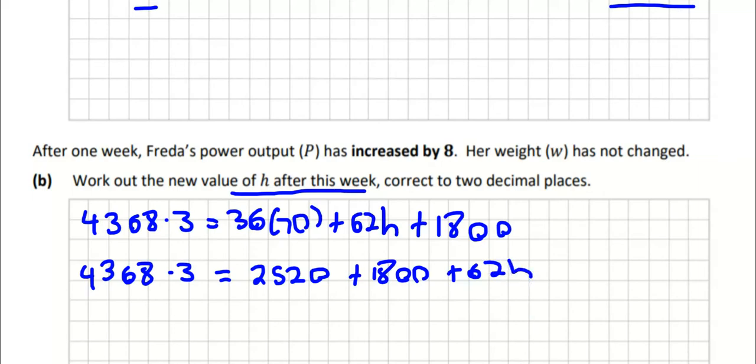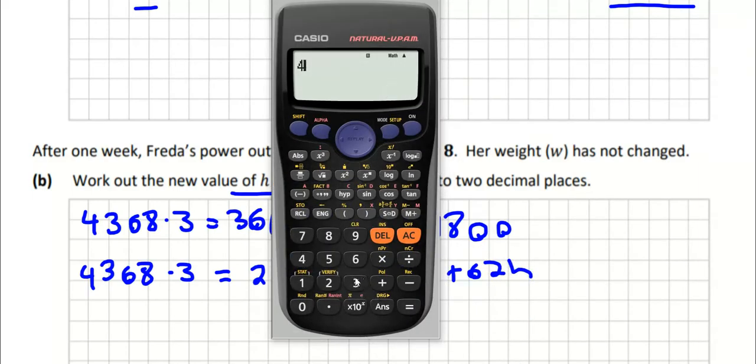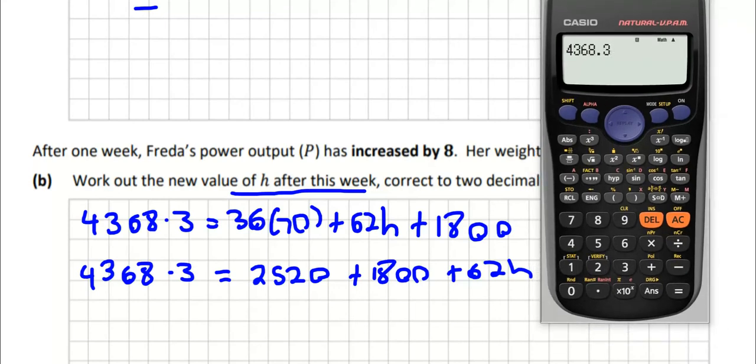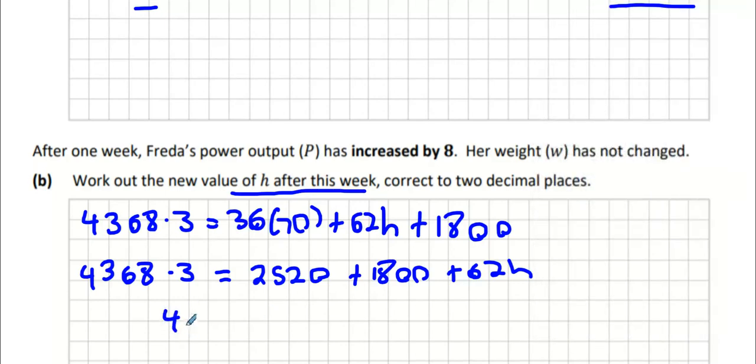Really quickly to do this, we get our 4,368.3 and eventually bring the other values over to the other side. So we're going to take away the 2,520, and we're also going to take away the 1,800. And what we get is 48.3. So 48.3 equals 62h.